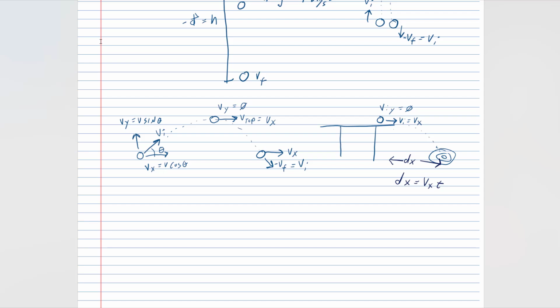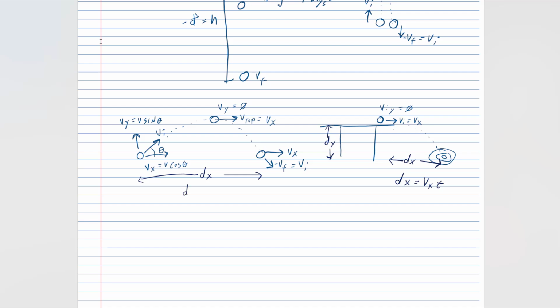Well, sometimes if they give us dx, we might be working backwards, but usually we're going to use the table height. That's our dy, and we're going to use that 1/2 at squared to get us the time that it takes. Over here in this example, our distance in the x is this distance here.